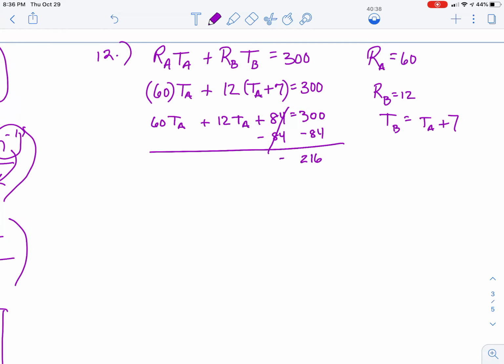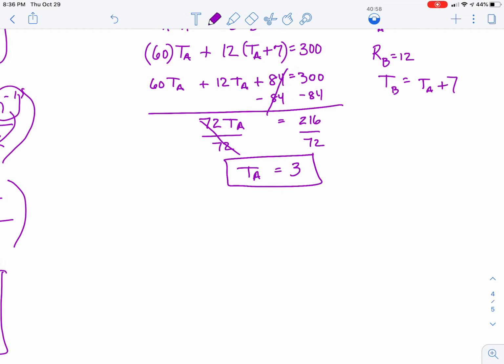On the right-hand side, you're going to have 216. On the left-hand side, I can put together 60 TA and 12 TA for 72 TA. Divide by 72 on both sides, and TA is going to be equal to 3. If you put that in your calculator, TA is 3.